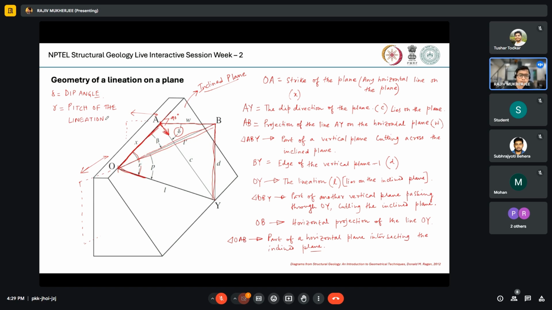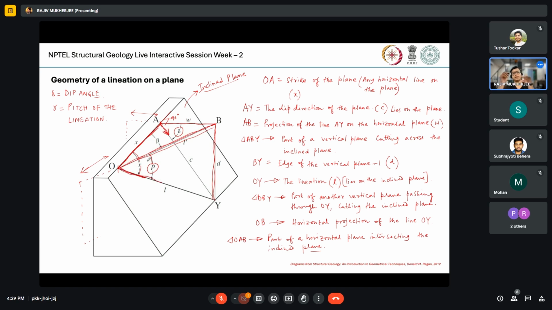Now there are two more angles, that is beta and P. If we follow the angle P, we see that there is a horizontal line called OB, and we measure the angle P between OB and OI. So OB is the horizontal projection of the line OI.